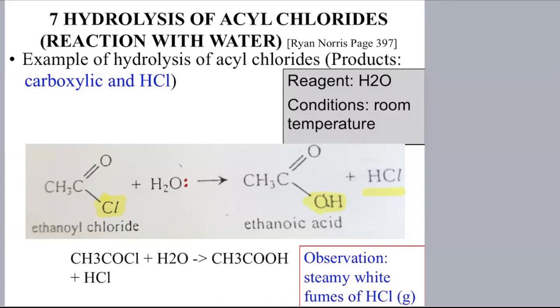For this reaction, you only need water as a reagent and room temperature, no heating whatsoever. Your observation: ethanoic acid would be a colorless liquid. HCl here will be hydrogen chloride gas, so you will observe it as steamy white fumes.